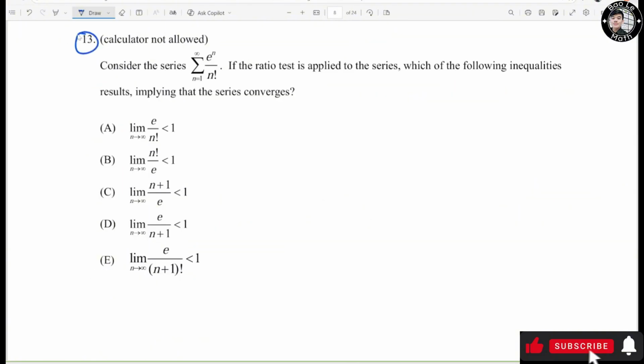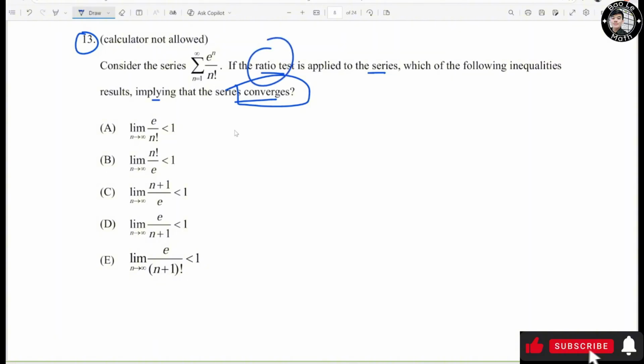Now question 13. Consider the series e to the n over n factorial. If the ratio test is applied to the series, which of the following inequality results implying that the series converges, right? So we're going to use the ratio test.